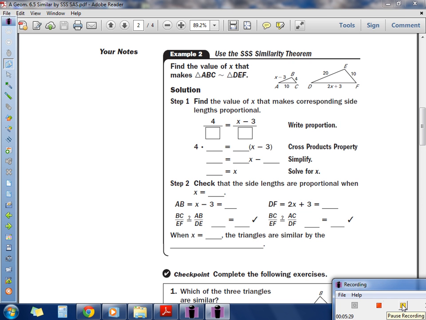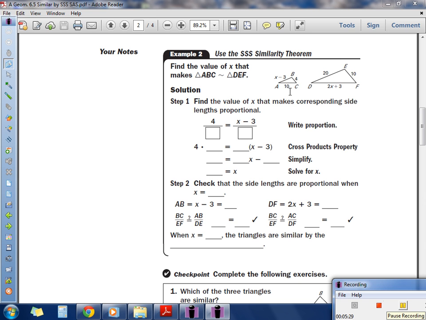All right, example 2 says find the value of x that makes ABC similar to DEF. Now on this one, you have to intelligently pick out pieces or else you're going to have a little difficulty. So ultimately the goal is to find the value of x. So once again, I suggest looking at the small triangle first.